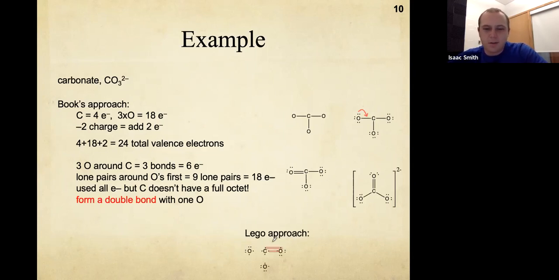Let's go through the LEGO approach real quick. Okay, LEGO approach, you draw each atom with the number of valence electrons it has. Then you start making connections, okay? You can connect these 2 electrons between the carbon and oxygen, and then a single bond between this carbon and that oxygen. It leaves you with 2 electrons that are unpaired here, but you have an overall negative 2 charge.